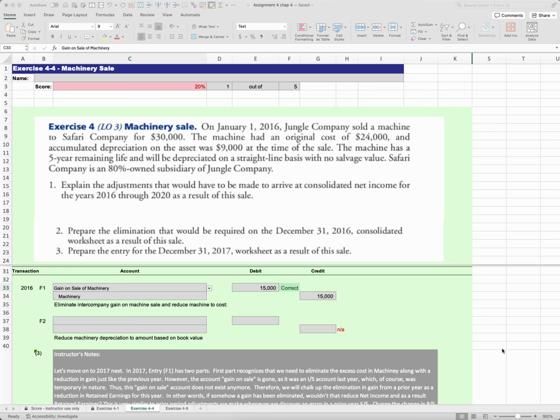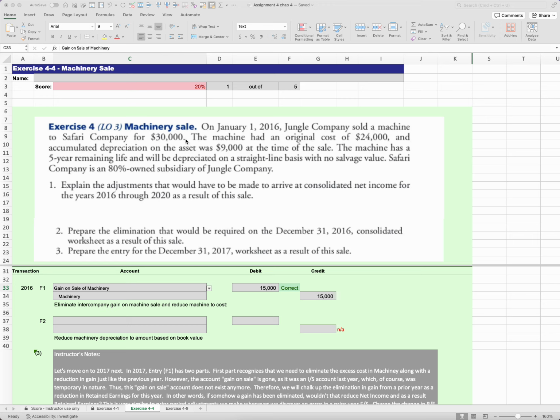This also means that this additional value that was recorded by either of the affiliates individually yielded a higher depreciation than what should have occurred for the consolidated group. In other words, when the buyer purchases machinery, they bought it for $30,000 and they would have depreciated that on a straight line basis for 5 years.